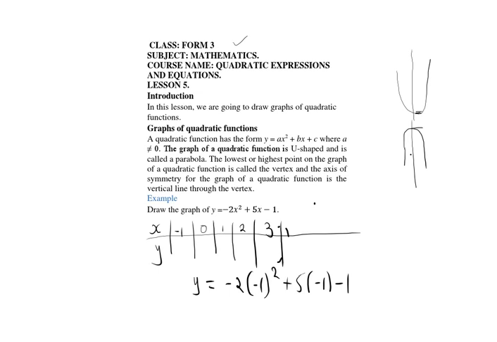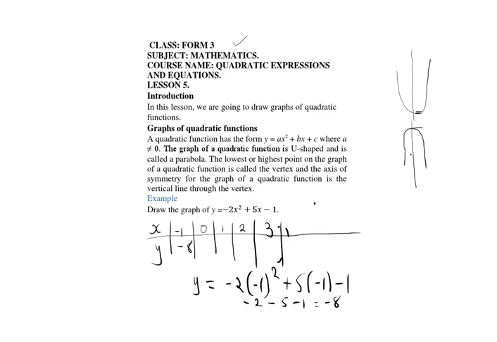We multiply by -2, so we have -2. 5 multiplied by -1 is -5, and then minus 1. This gives us -8. So when x is -1, y is -8.